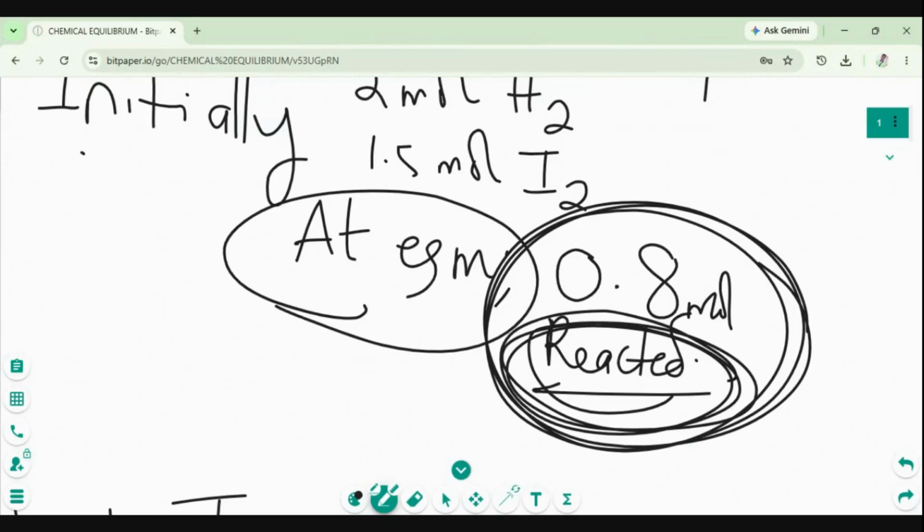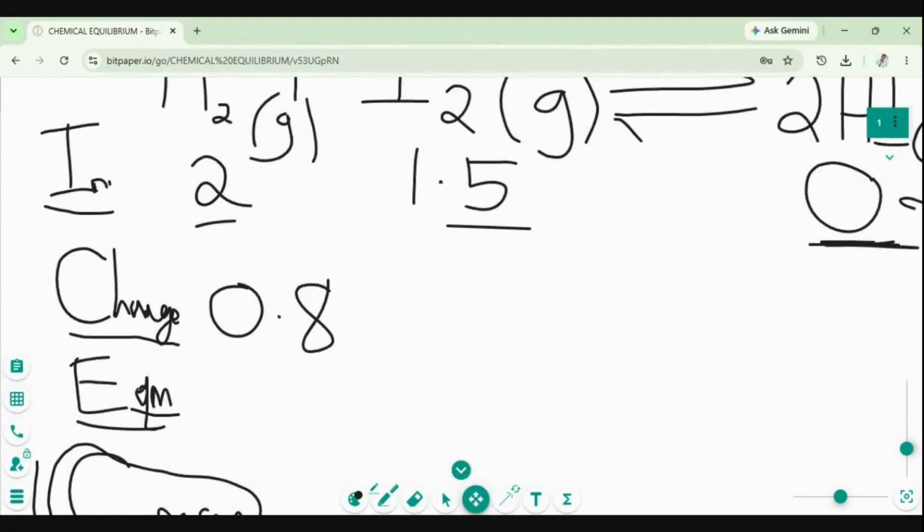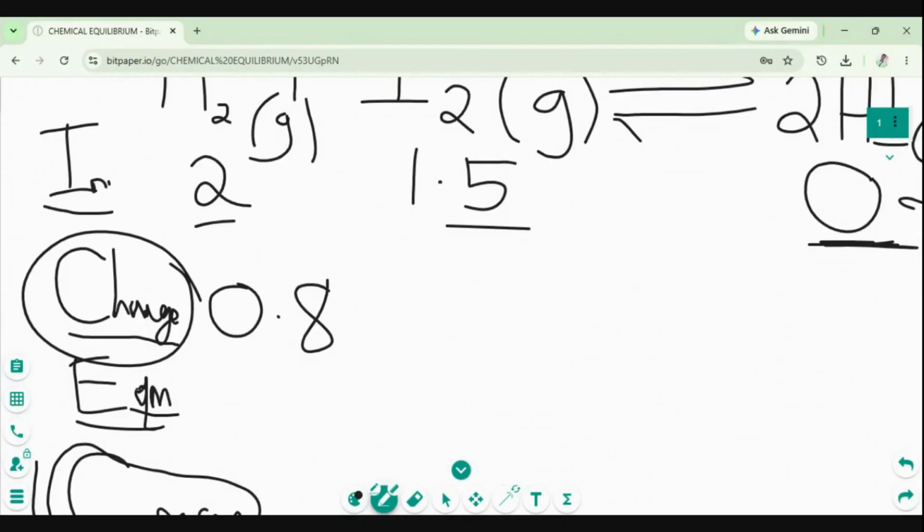This is moles of, I guess I need to indicate it, moles of hydrogen. So if they disappeared, then that means that becomes the value of the amount of moles that changed. Now, if you had 2 and you took away 0.8, chemically speaking, the 0.8 reacted.